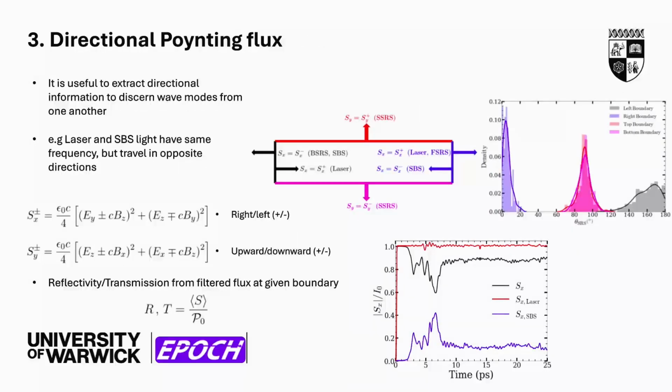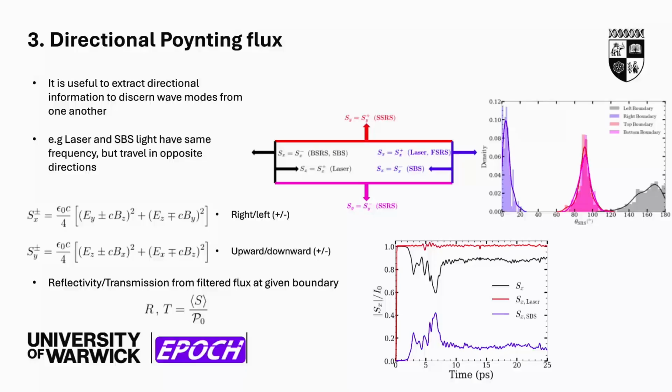So that's one way of doing it. And once you've done that, you've got your filtered fields. You then also have to be quite careful with how you calculate your Poynting fluxes. The best example for this is SBS: you're creating a scattered light wave which has basically the same frequency as your laser, but it's traveling in a completely different direction. So how do you distinguish between the two?